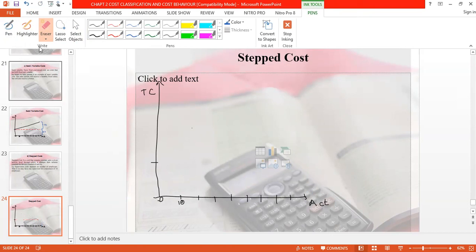Now, stepped cost looks like this. It's a cost that remains constant up to a given activity level, beyond which it changes, then remains constant again.